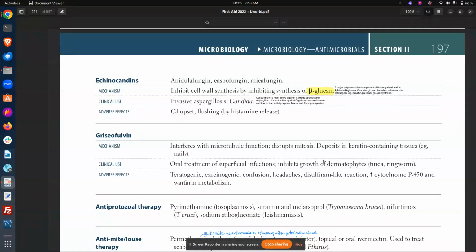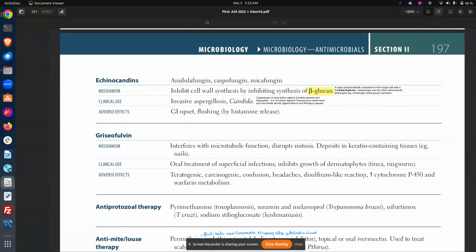An adverse effect of griseofulvin which I would recommend remembering is that it is a cytochrome P450 inducer. So azoles are cytochrome P450 inhibitors, while griseofulvin is a cytochrome P450 inducer.